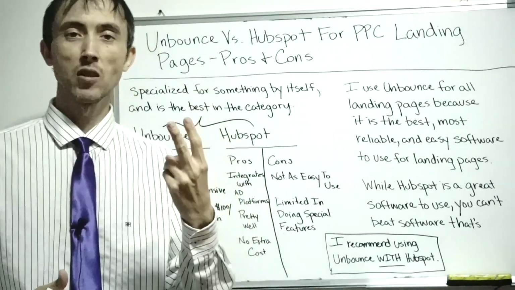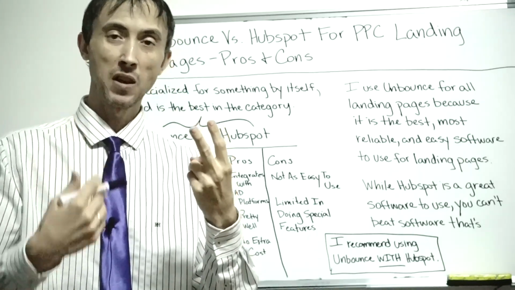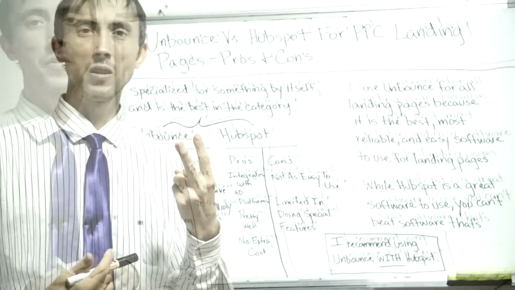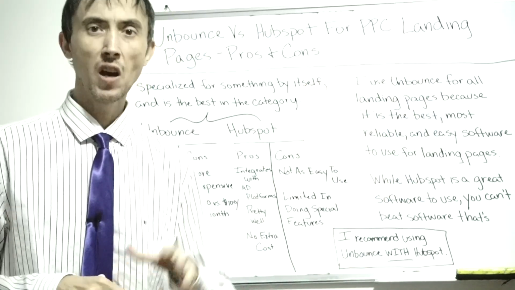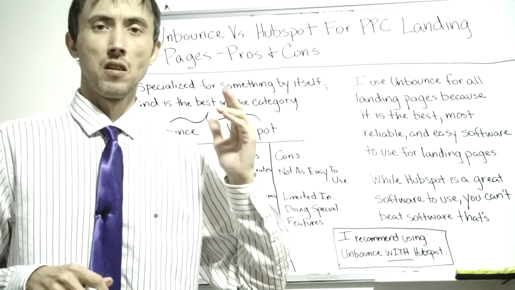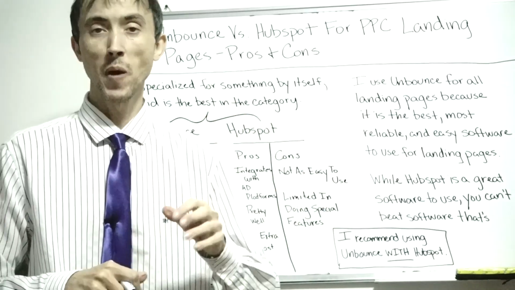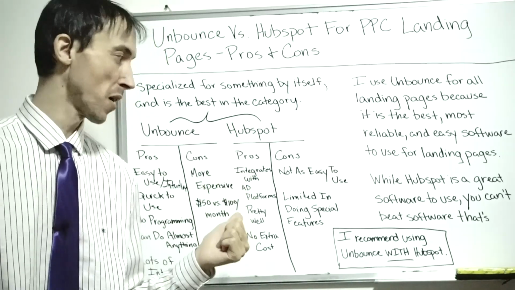So there's two main reasons why people want to use HubSpot, where clients come to me and say, well, instead of using Unbounce, can we just do the landing pages in HubSpot? They're doing it for two reasons. They want to save the extra $50 a month because it's cheaper.